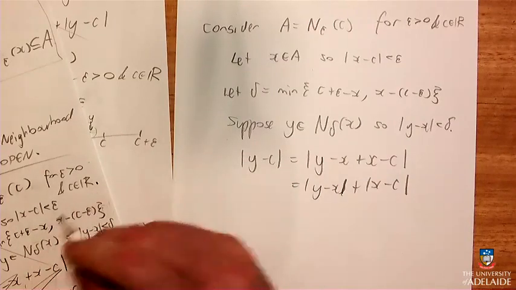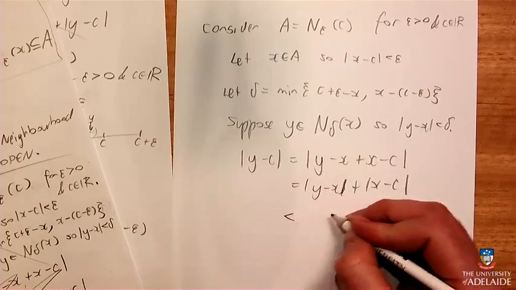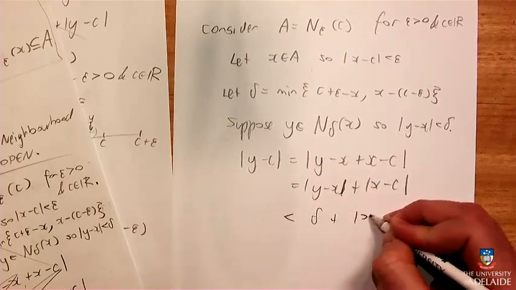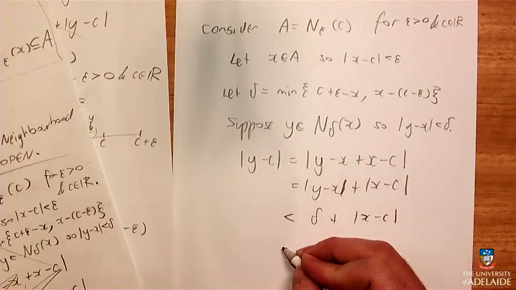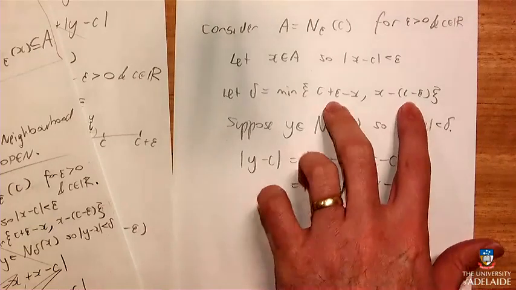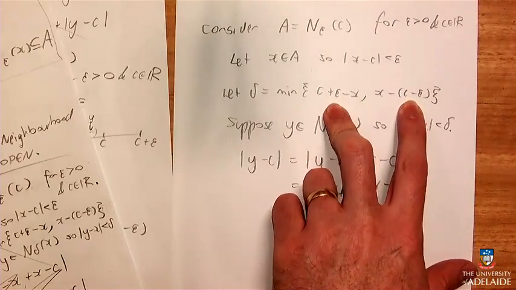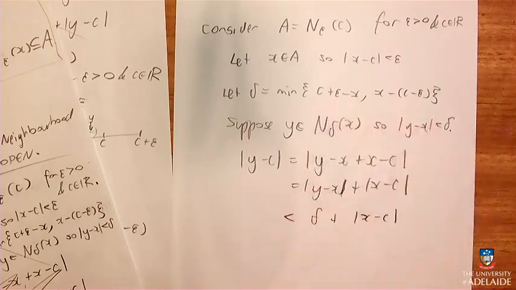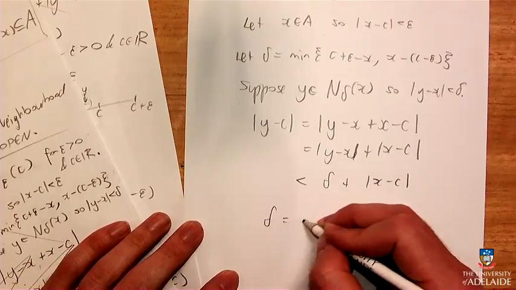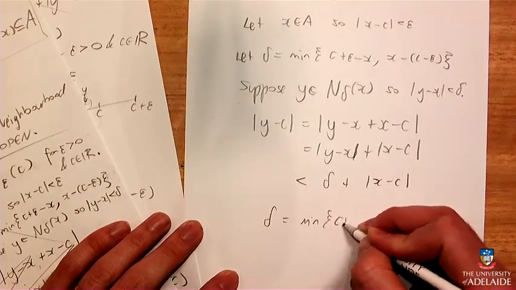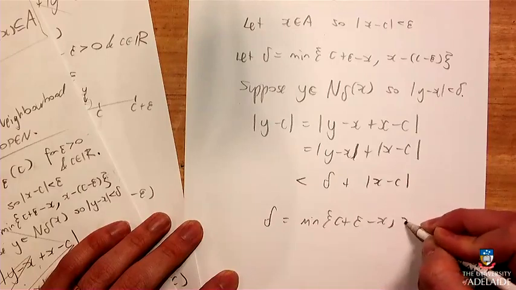So, we know that this is less than delta plus this distance here. And we know that delta is less than both of these things. So, let's just point this out. Delta is the minimum. I really should have put this back earlier, but I'm putting it there now.